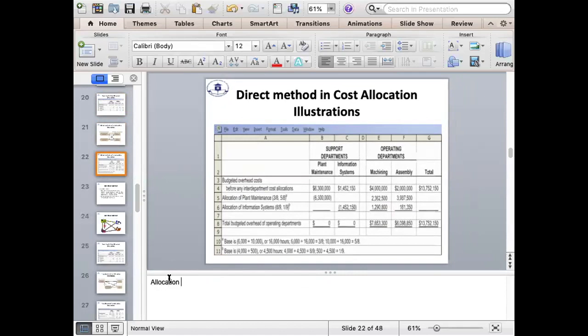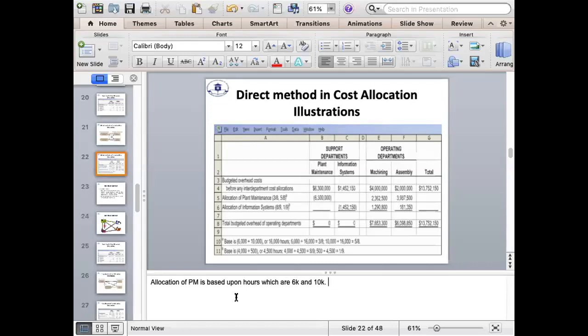Allocation of plant maintenance, PM, plant maintenance. Allocation of plant maintenance is based upon hours, which are 6,000 and 10,000.